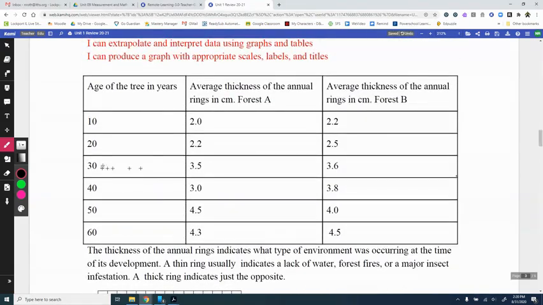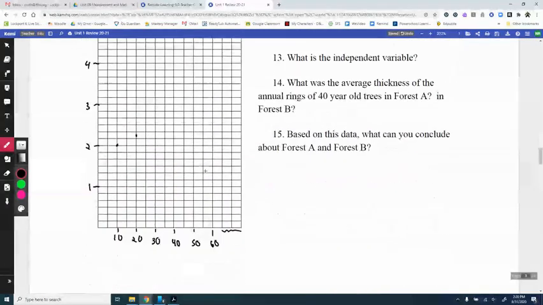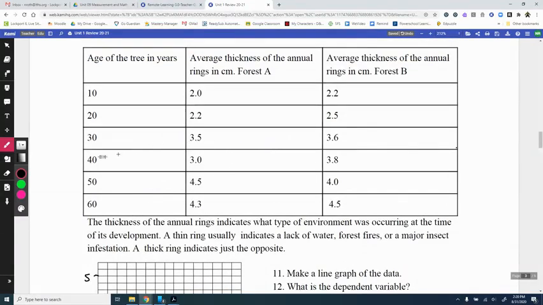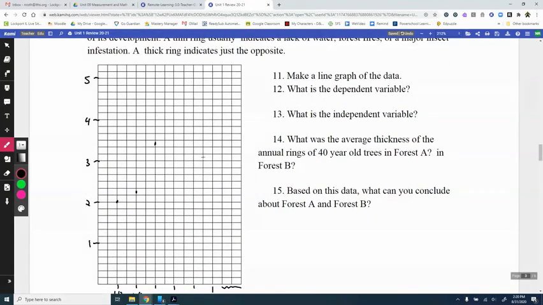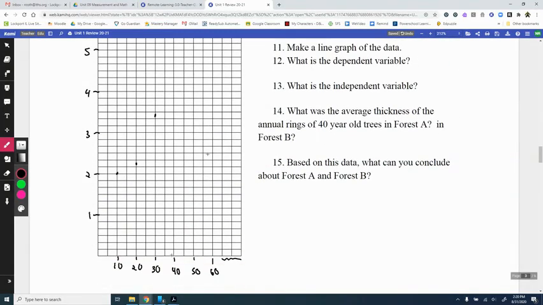Next, at 30 years, we have 3.5. So 30, we go up to 3.5 right there. Next, we have 40 at 3.0. So that went down a little bit. So 40, 3.0.